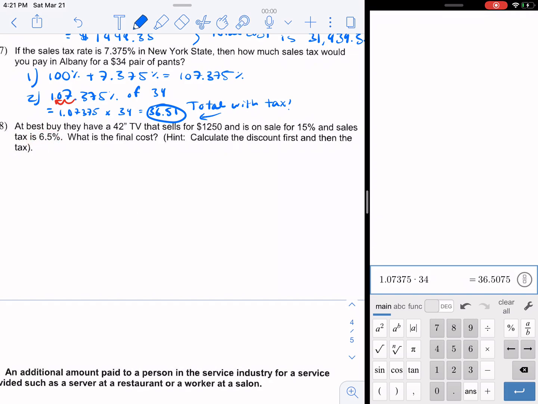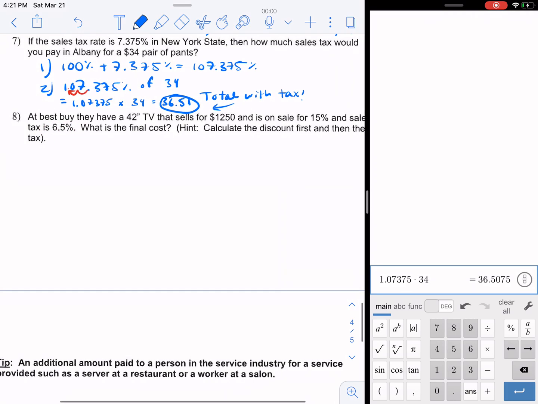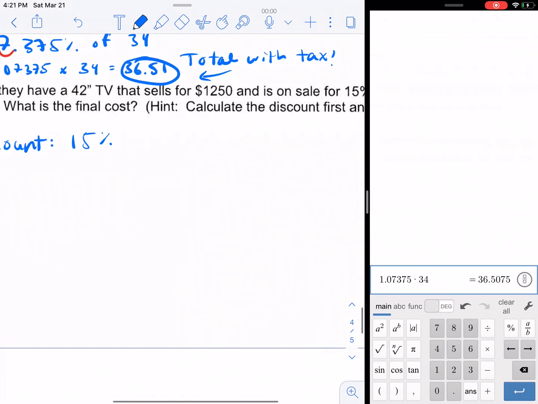So I'm going to do method A for this. The first thing we need to find is the discount. So it says it's 15% off. So 15% of the cost of the TV, which is $1,250.